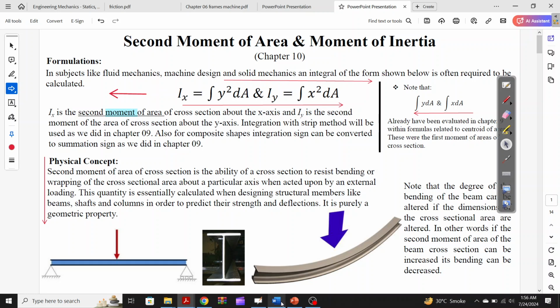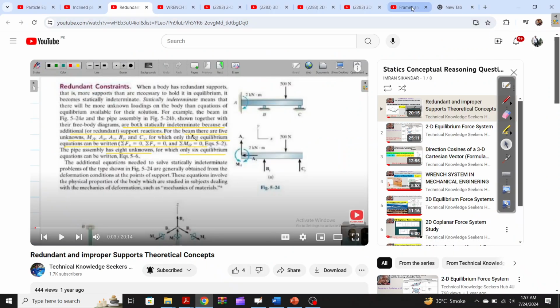You can watch it over here, where I have already defined the moment of inertia for you guys.